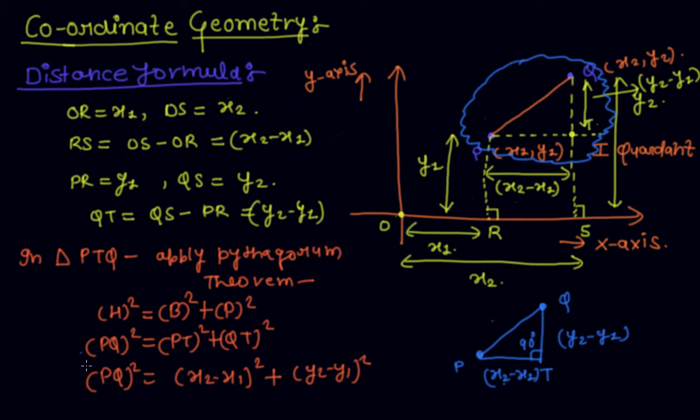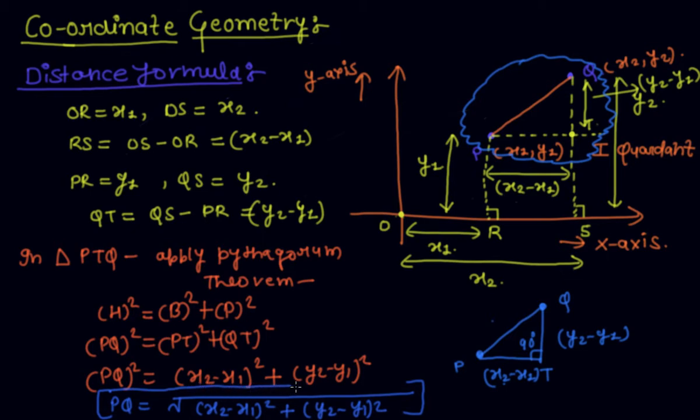So the value of PQ is under root x2 minus x1 whole square plus y2 minus y1 whole square. So this is the distance formula between 2 points whose coordinates are given.